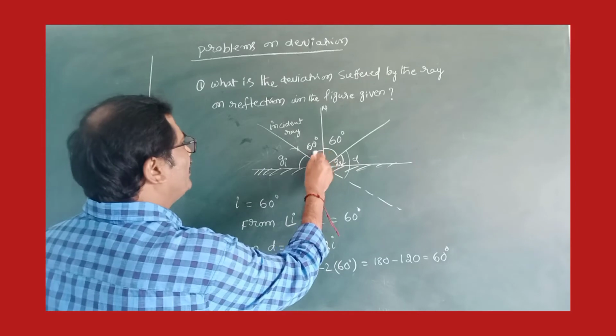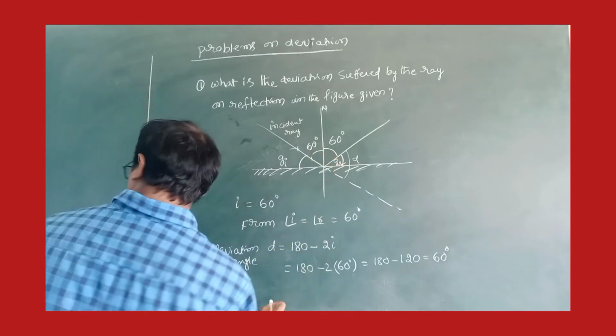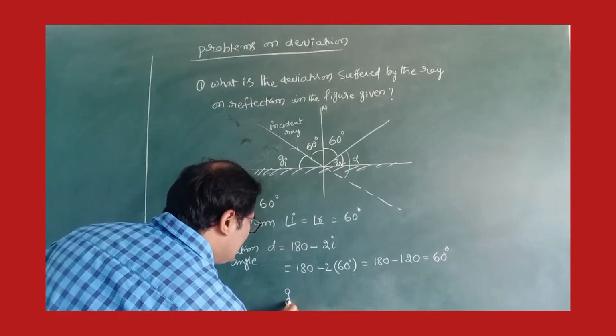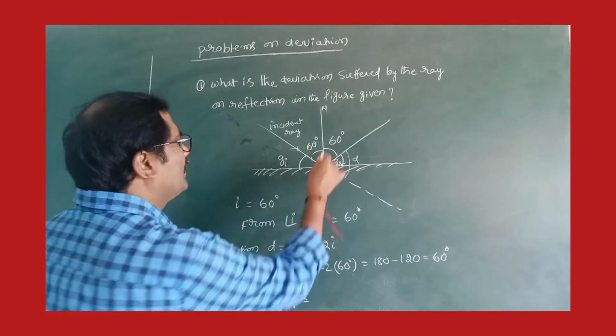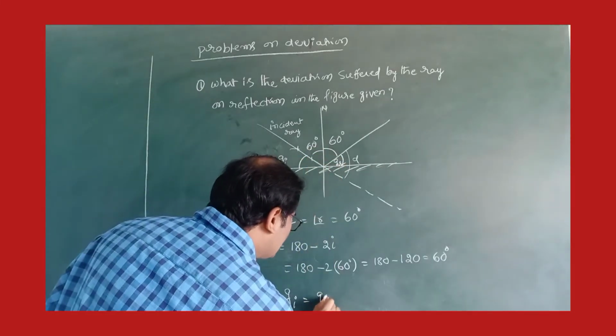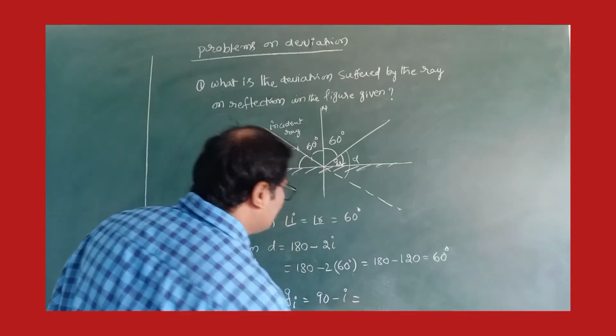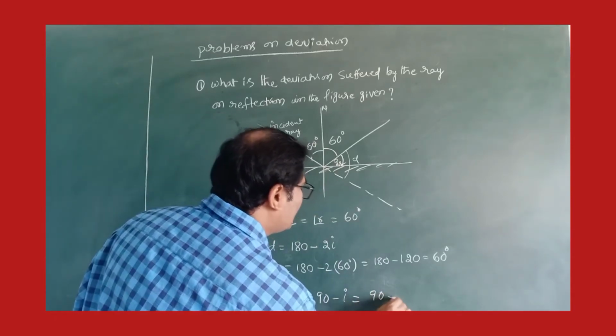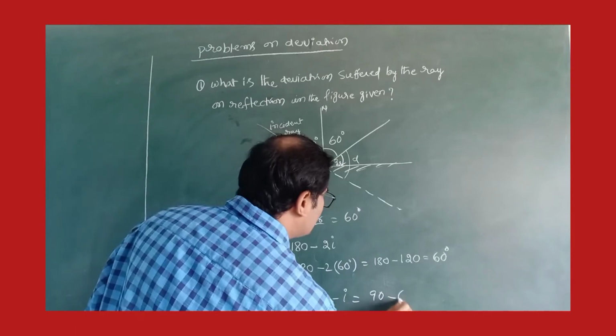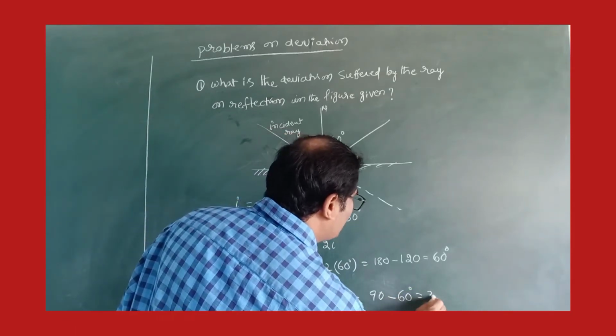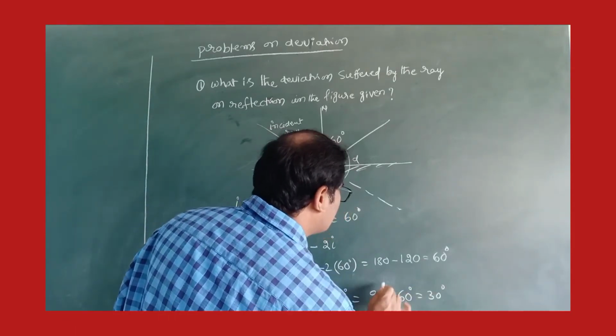The normal is at 90 degrees, so GI is equal to 90 minus the incident angle. 90 minus 60 degrees is equal to 30 degrees.